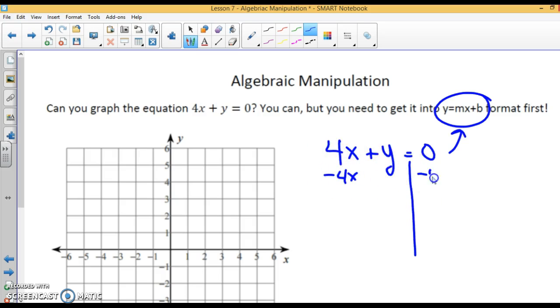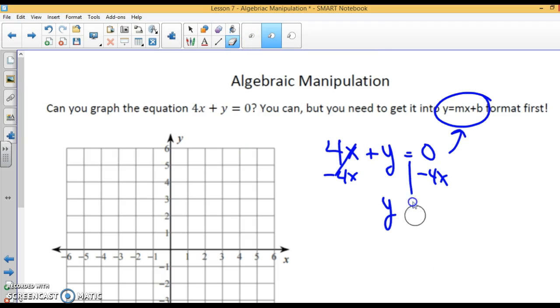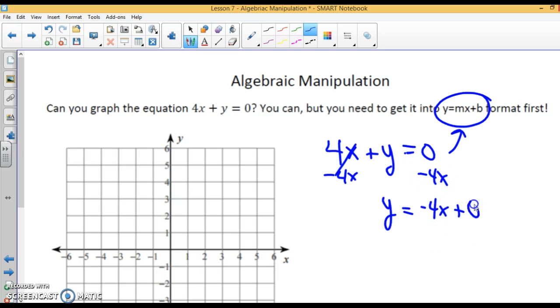I'm going to subtract 4x. So I'm going to have on this left side y, and I'm going to get rid of this y. Equals negative 4x, and if I want to, I can write plus 0, but I don't need to. I can just write y equals negative 4x.